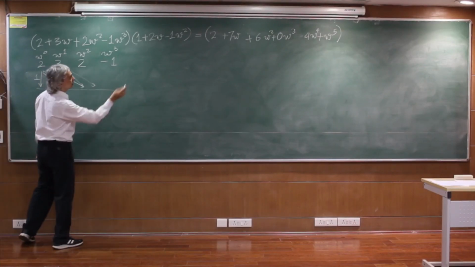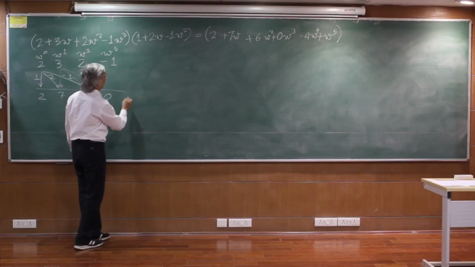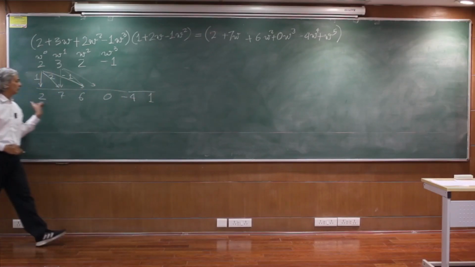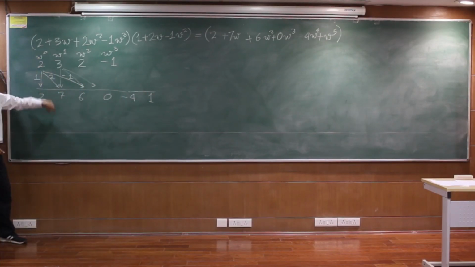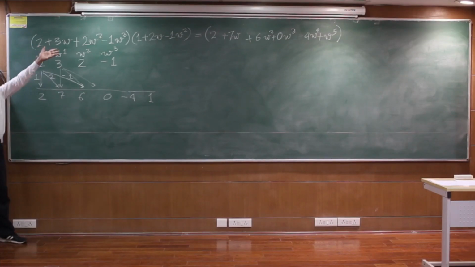And so this answer that you get here, 6, 0, minus 4 and 1 is the answer indexed by the same W orders. Okay? So this synthetic multiplication of polynomials can be performed using convolution.